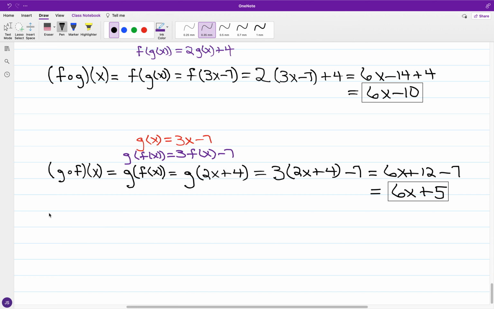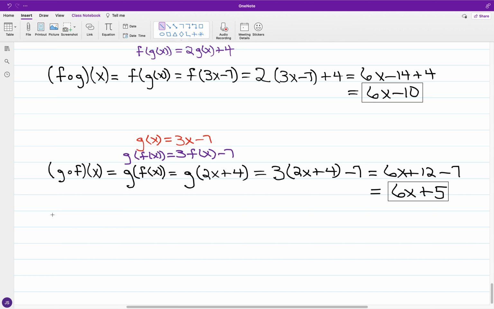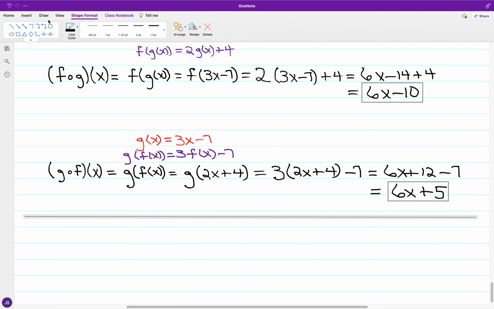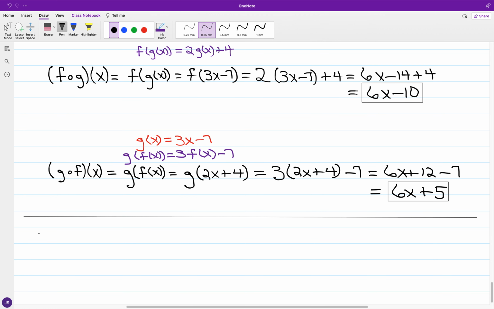And in the case of the domain of the composition of functions, this will play by a somewhat different set of rules in comparison to the sum, difference, and product functions, as well as the quotient function.